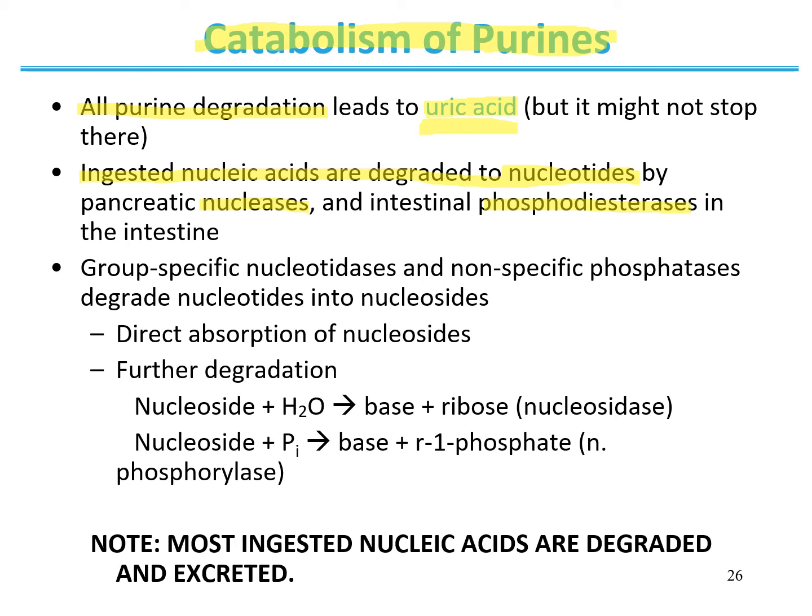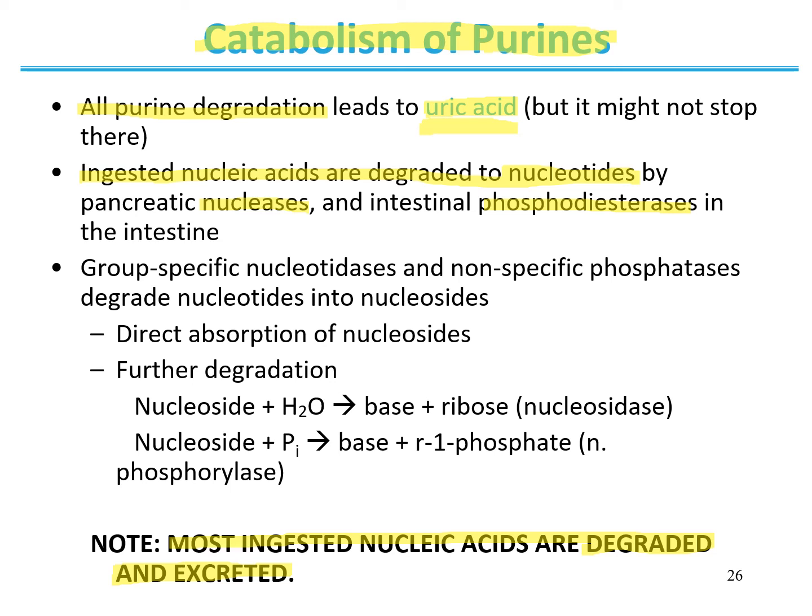So these are the two enzymes that help in the digestion of the nucleotides, and most of these ingested nucleic acids will be broken down and eventually excreted from our body. We do not use the foreign nucleic acids for any kind of function inside our body. So we break it down, degrade it and excrete it out of the body.